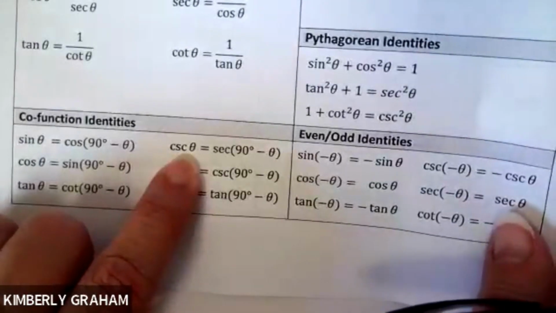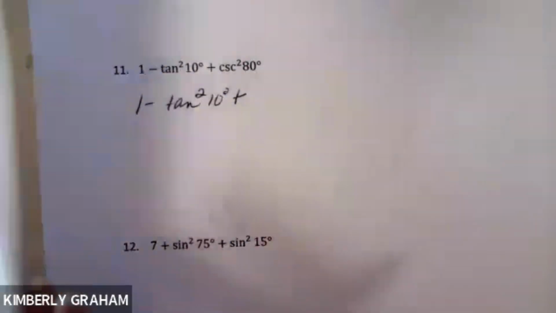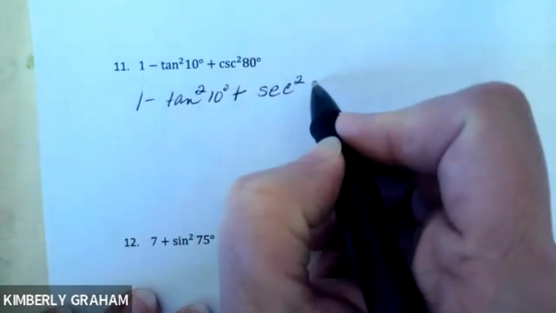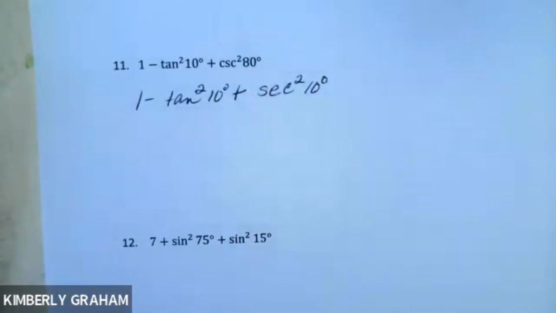Cosecant theta is equal to secant of 90 minus theta. So this would be secant squared of 90 minus 80, which is 10. So now I have tangent squared and secant squared. There's a couple of different things that I can do here.